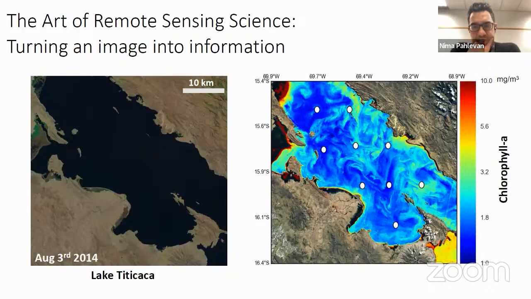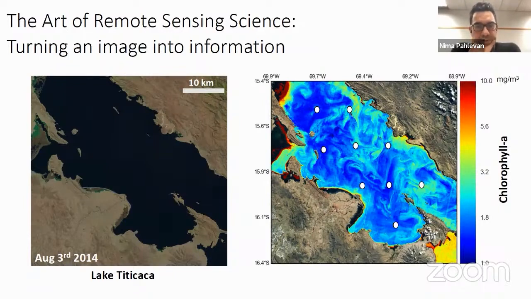So what you can see on the right is a chlorophyll A concentration that has been produced from this Landsat 8 observation from the left. And you can see the variability in chlorophyll A, which is basically the near surface concentration of chlorophyll A across the lake.